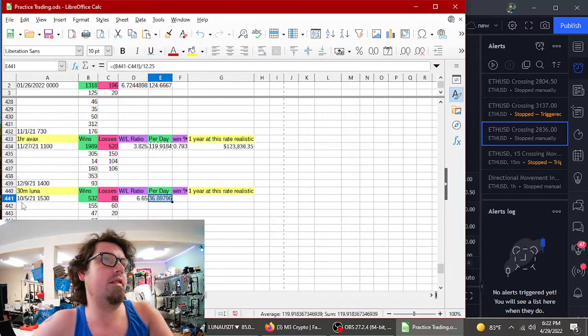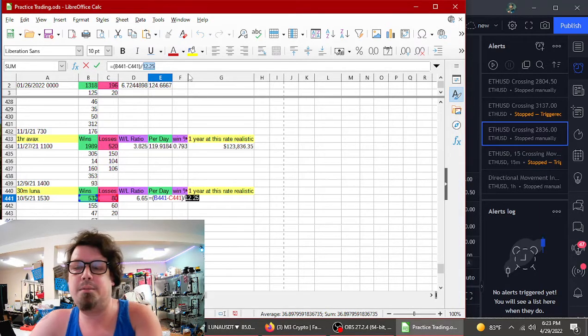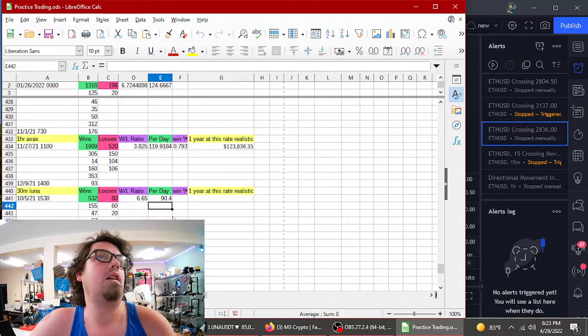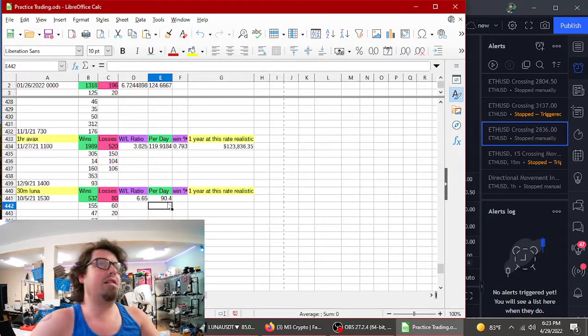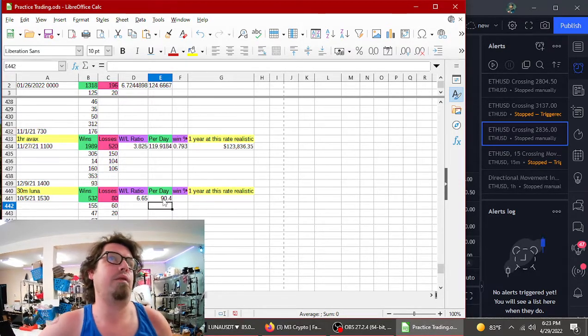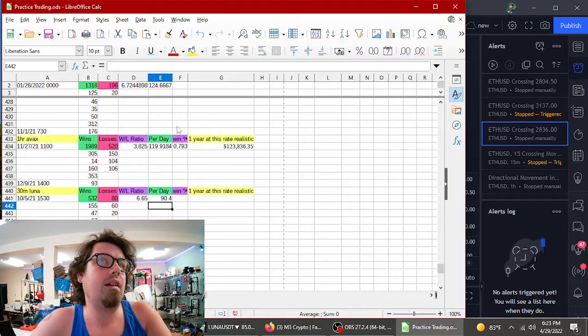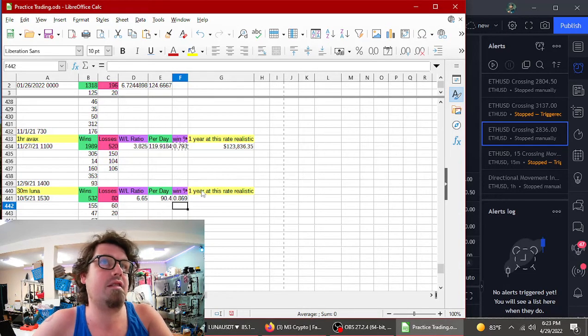Here's how we calculate this. It's basically exactly 5 days. So we're going to divide that number by 5. So that's 0.904% per day. This is the win ratio expressed as a percentage, 86.